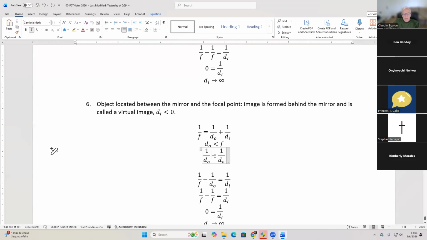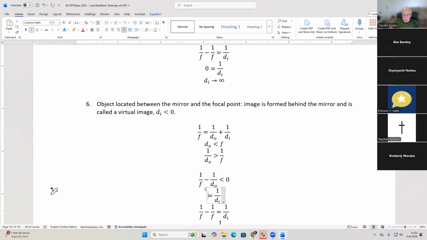We invert the inequality. If 1 over d naught is greater than 1 over f, it means that this side here is negative.